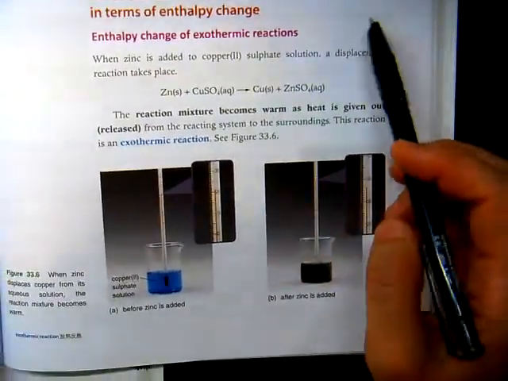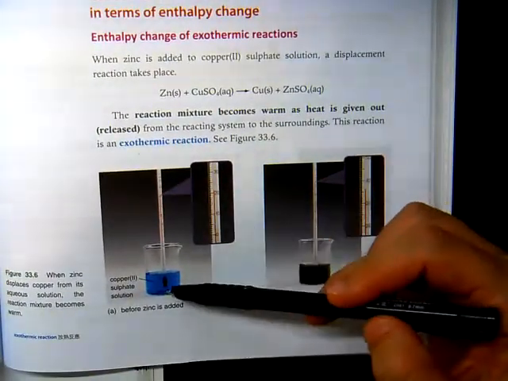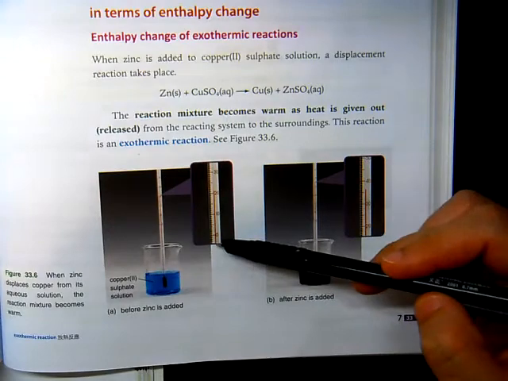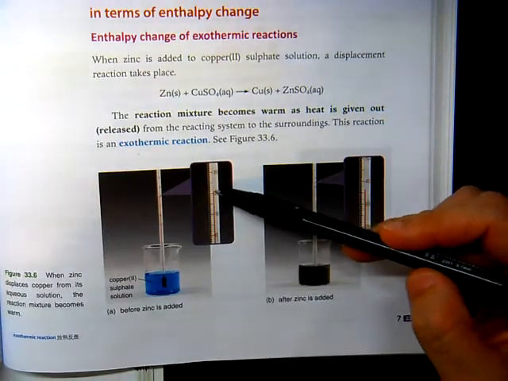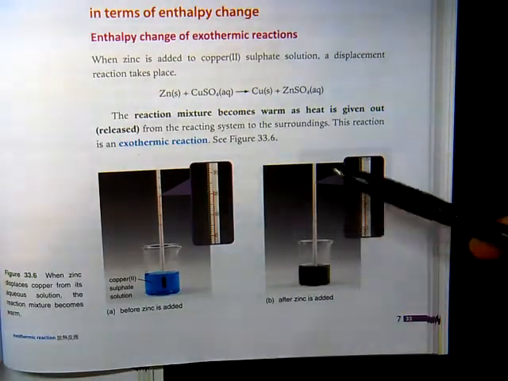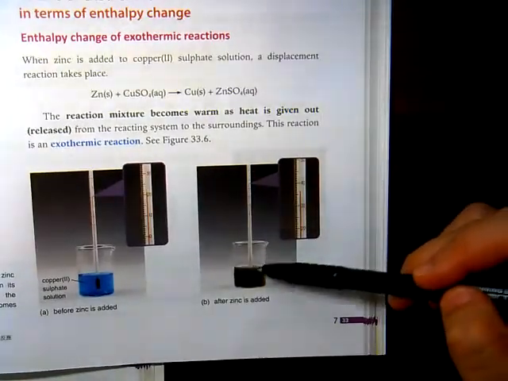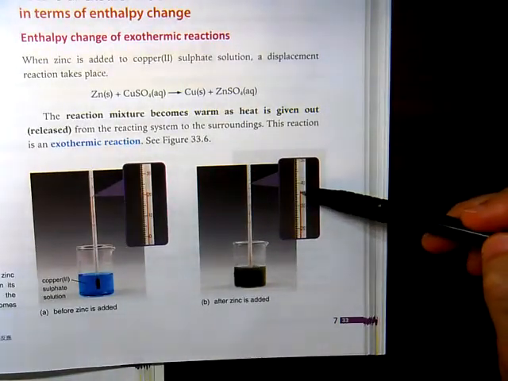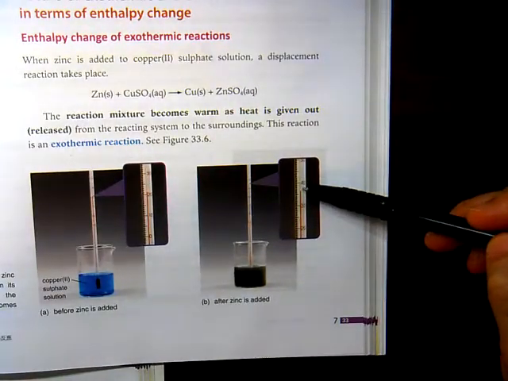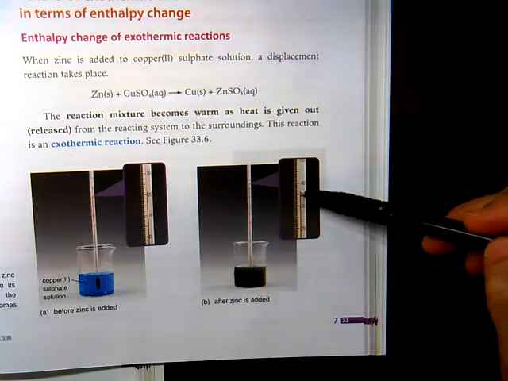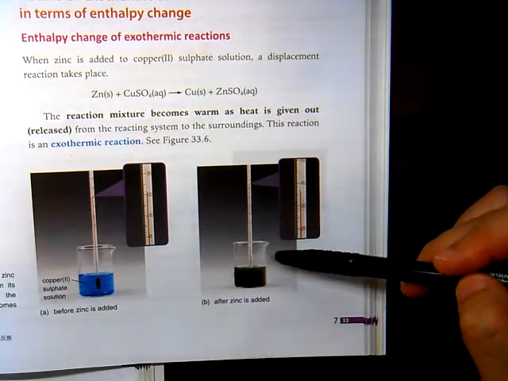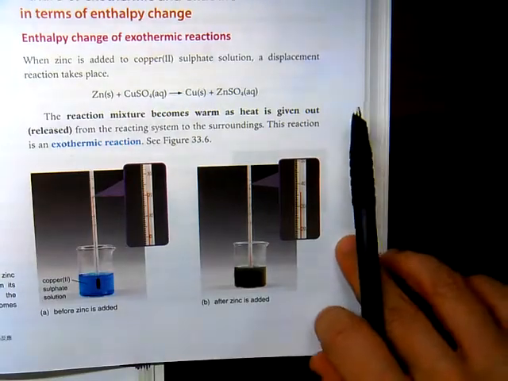That means if you test the temperature of the solution, this is the original temperature, 21 degrees Celsius. During the reaction, the temperature increases. That means the displacement reaction is exothermic.